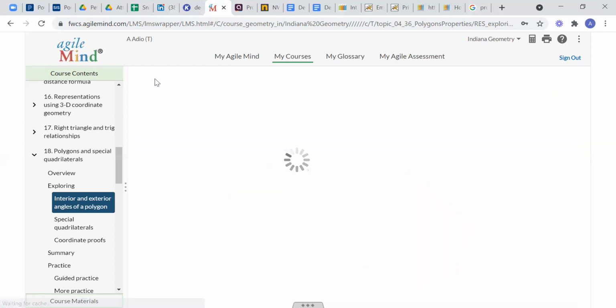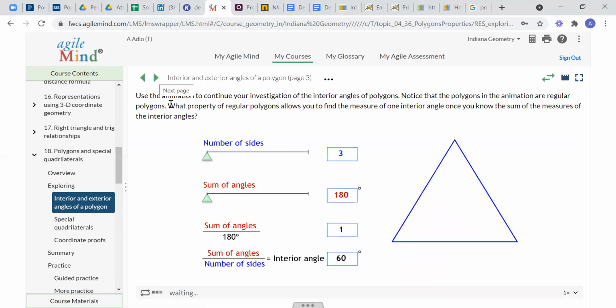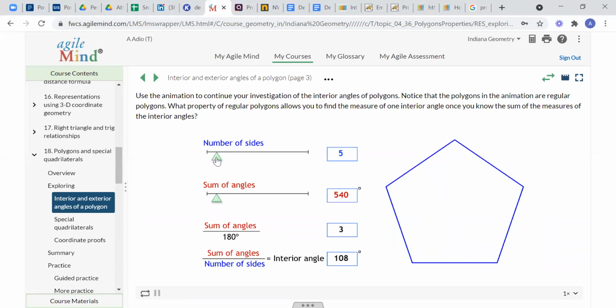And this is what one of the homework will be based on. So here, if you have a 5-sided figure, each of the interior angles is going to be the sum of interior angles divided by the number of sides, as we've done before. So if it's 5, it's going to be 5 minus 2, 3 times 180, which is 540.